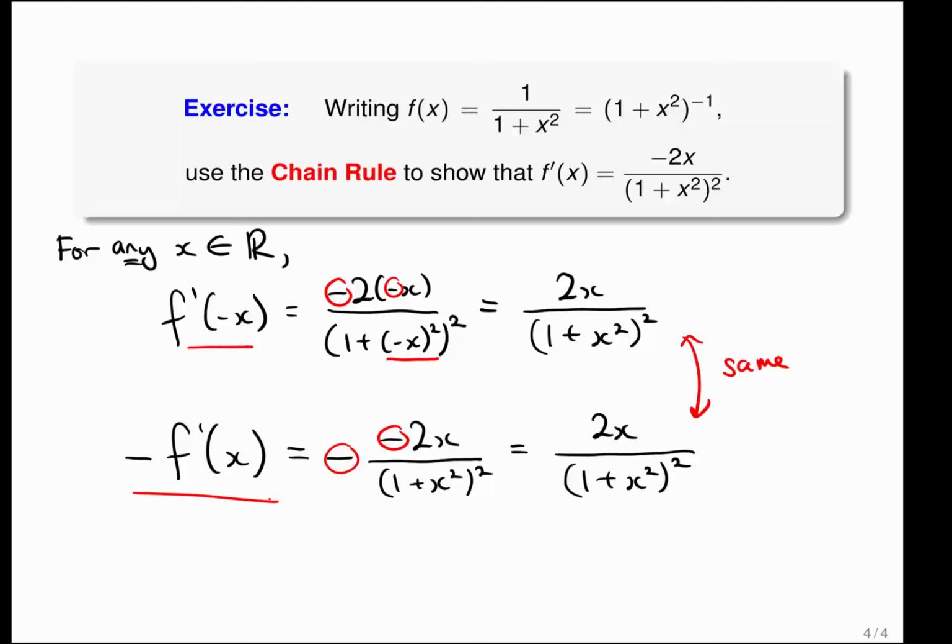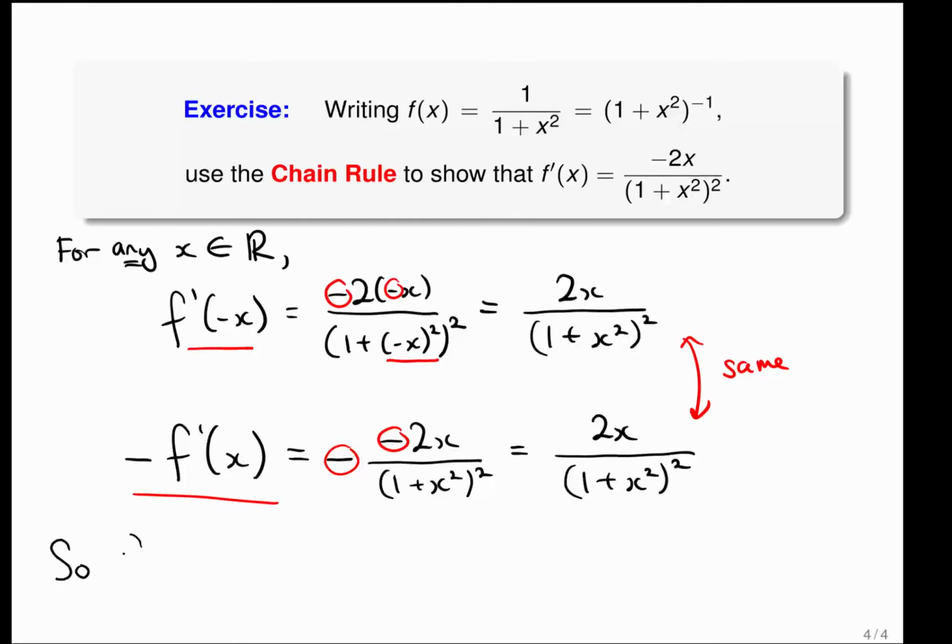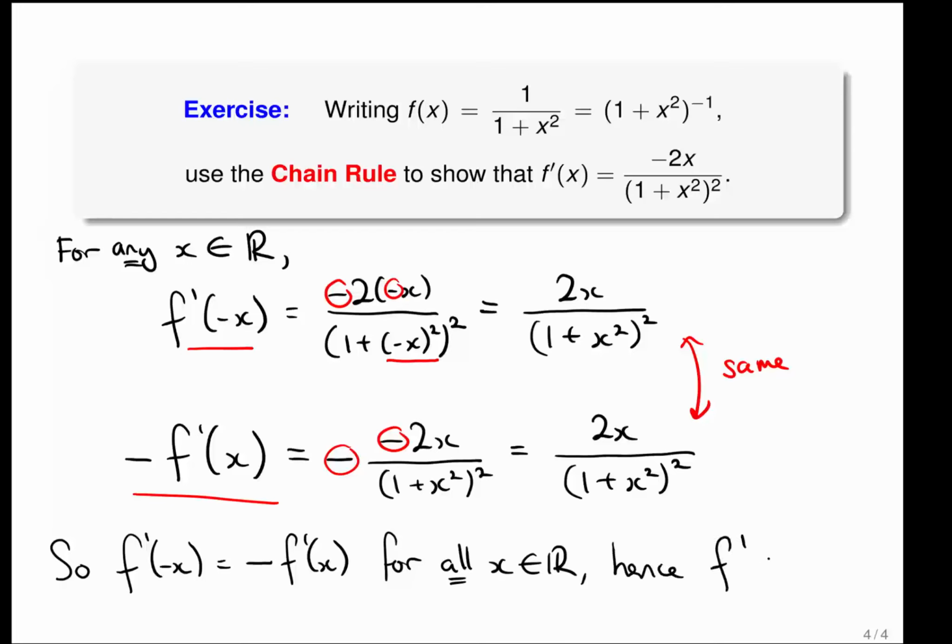And thus we've shown that f dash is an odd function. Hence, in summary, we've shown that the derivative of the even function 1 on 1 plus x squared is an odd function.